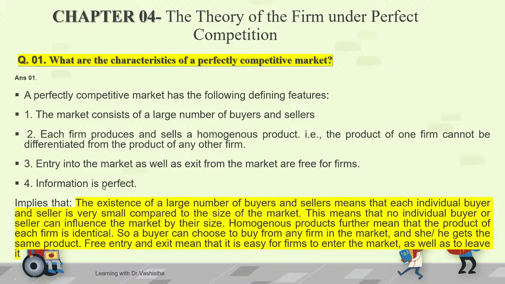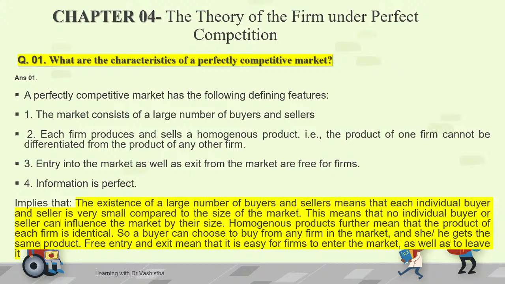All these points imply that since there are a large number of buyers and sellers in the market, competition is very strong. Each individual buyer or seller is very small as compared to the size of the market. The size of the market is huge, so no individual buyer or seller can influence the market by their size. There is no single control in the market.